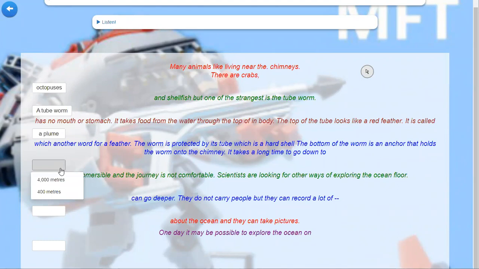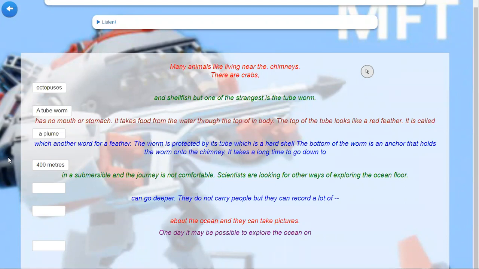Four meters in a submarine, and the journey is not comfortable. Scientists are looking for other ways of exploring oceans. Be with me, Adam. So scientists now, even this submersible, a machine like a submarine, it's not easy to go there because it's difficult and very tight.